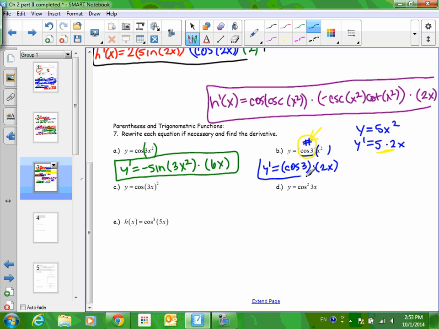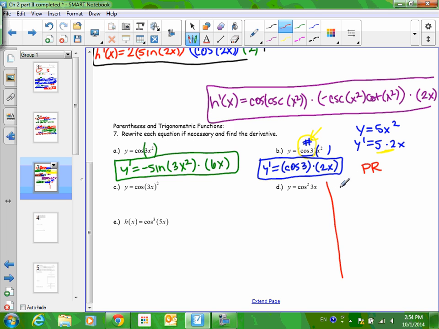But I don't think that if I let you guys loose on your own, this is how you would have probably done this. So let's talk about how you would have done this. Maybe you would have done product rule. Cosine of 3, x squared. So look what happens when you do product rule.